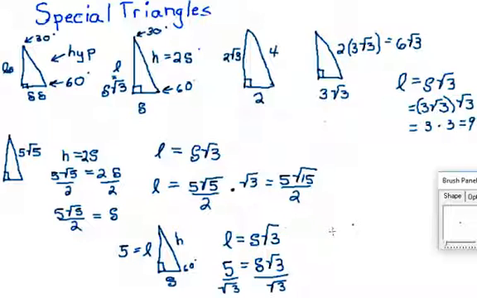So what happens is we get that s is equal to 5 over the square root of 3. Now you know that we're not allowed to have a radical in the denominator of a fraction, so we have to multiply top and bottom by the square root of 3, and so we get 5 square root of 3 over 3. Our fraction can't be reduced, and so we have our final answer.